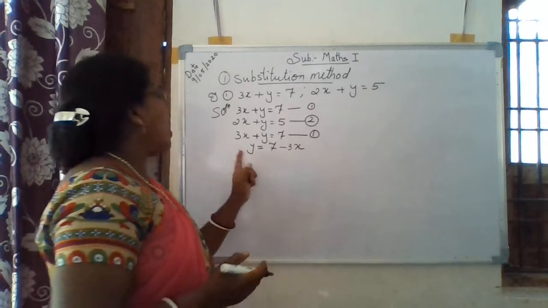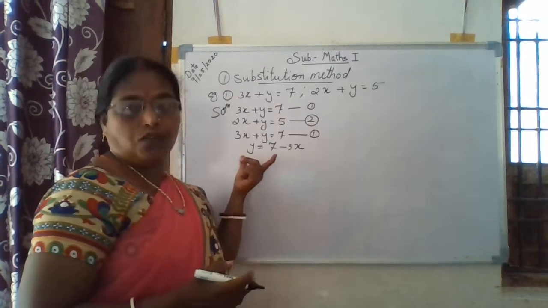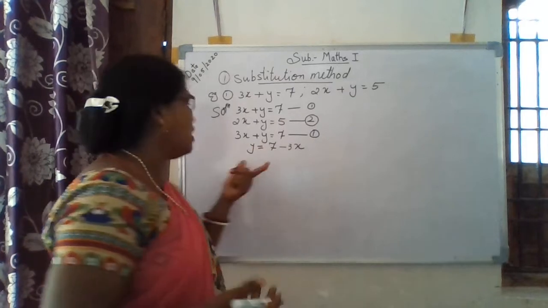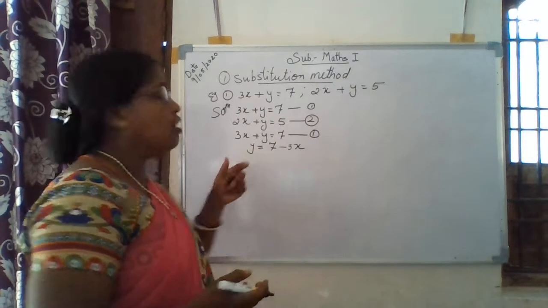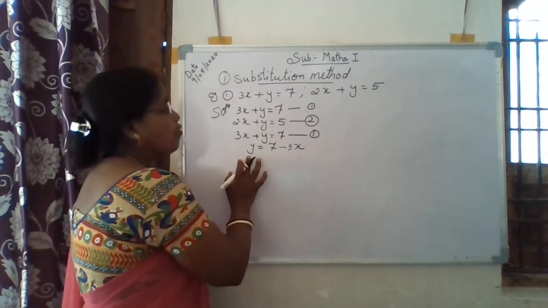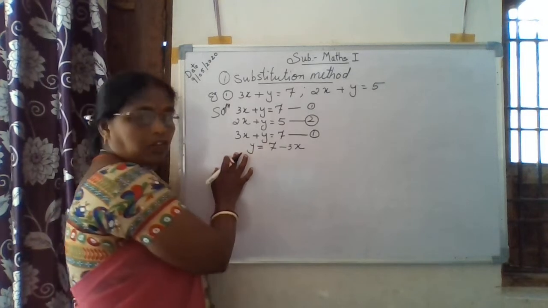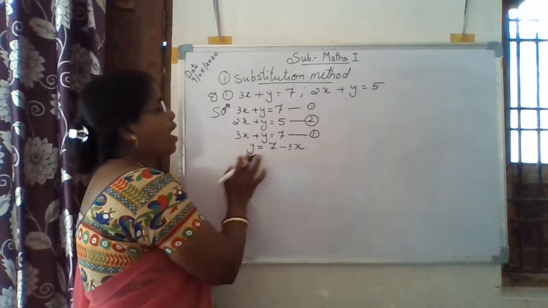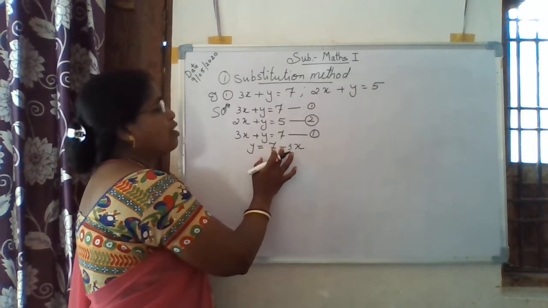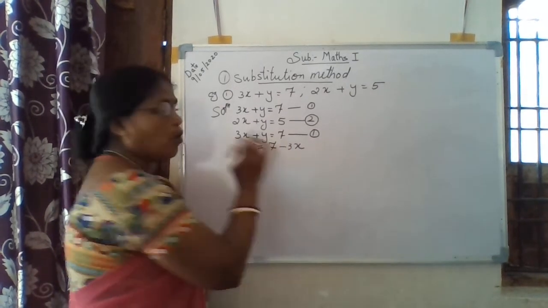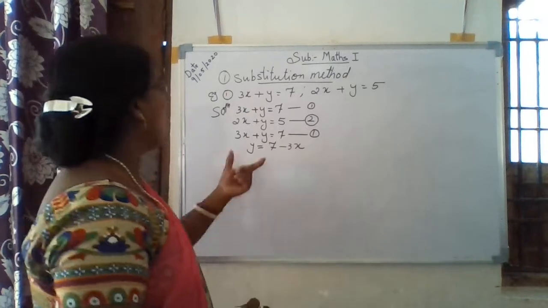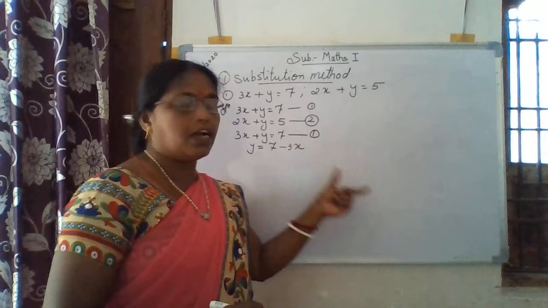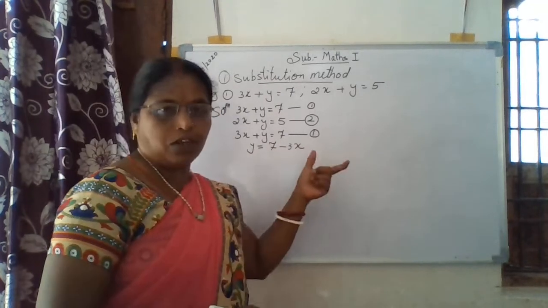If y would have any other coefficient, for example 2 or 5 or 6 or 7, any other numeral, then y would be equal to, suppose it has coefficient 5, 5y, then y will be equal to (7 minus 3x) upon 5. When we solve it, it becomes a little bit inconvenient or difficult.